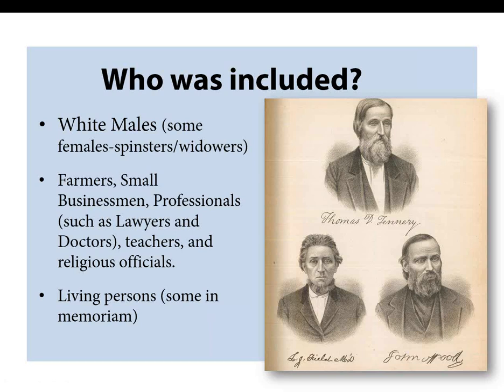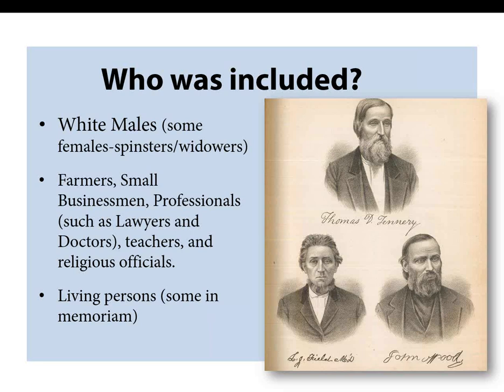So, who's included? Who are we going to find in these particular mug books? Generally speaking, and the majority of what I'm going to talk about today is going to be generally speaking, they're white males. There are some women, there are some females or spinsters that are included in there. For the most part, we're talking about farmers, small businessmen, or professionals, teachers as well as religious officials.